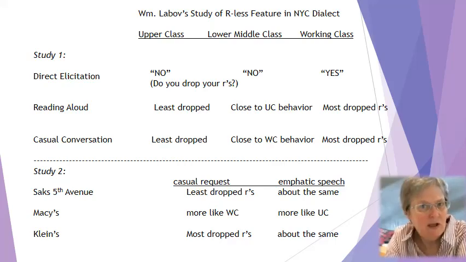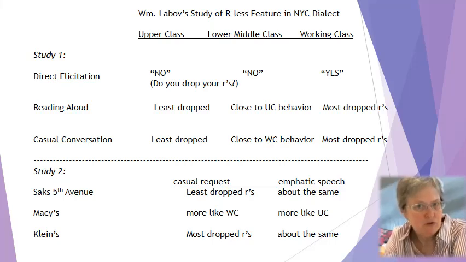The lower middle class did something very interesting. The lower middle class speakers did what he later called hypercorrection. They tried not to drop their R's. So they behaved more like the upper class, a little less. They dropped a few more R's, but it's like they were trying really hard to show that they were not going to drop their R's.